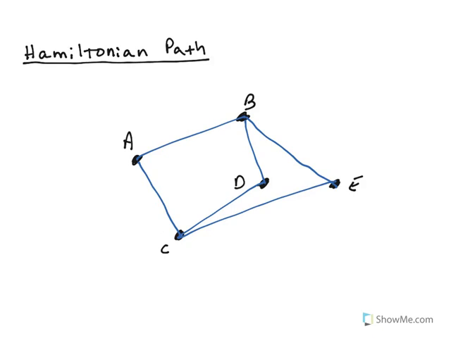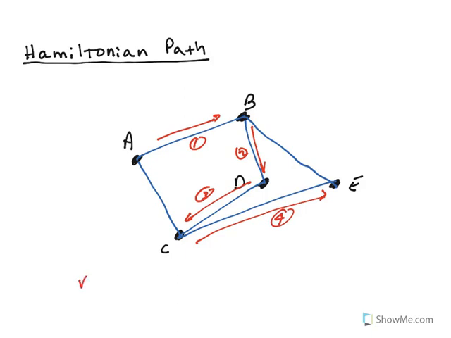So for this one, I could go from A to B. That would be my first step. Then I'd come down from B and go to D. That'd be my second leg of my journey. Down to C for my third, and then finally up to E for my fourth step.